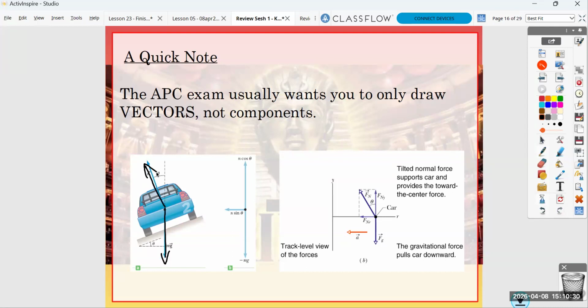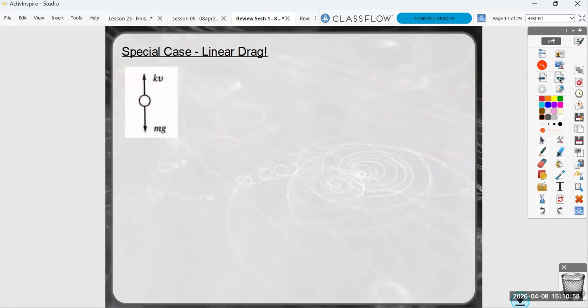Stop. Now, of course, you might need to split these forces into components. What you're going to do is, this is your answer to the question, and then off on the side, you can sketch the little components to work that out. They don't want to see the components on the actual free body diagram, though, and they will usually very explicitly state forces, not components. So just be clear about that.